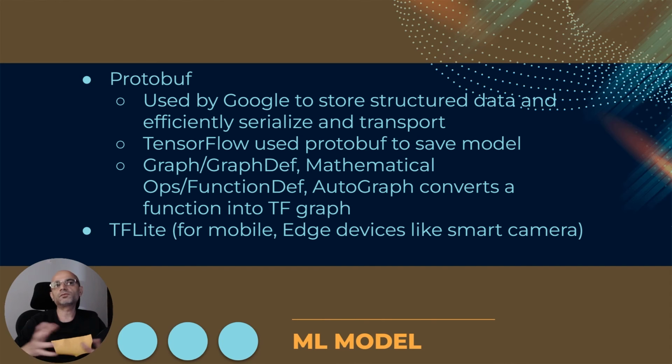So it may be specific to some of these neural network graphs. And some operations will be represented, and some basic functionalities of the code, like maybe an if-else kind of control structure, such things can also be converted into this function definition using autograph, which is part of TensorFlow, into a TensorFlow graph.